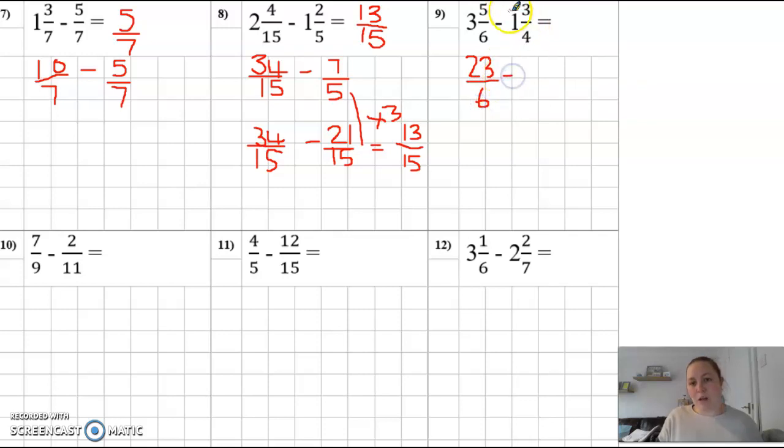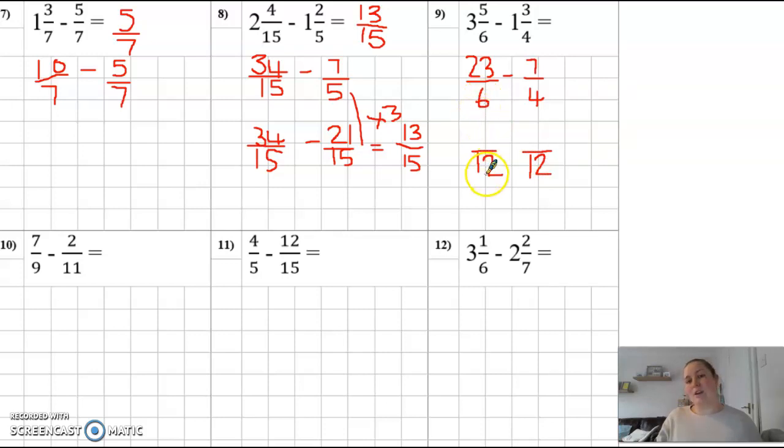Then my second one, I've got 4 in the whole and 3 extra, 7 over 4. Now I've got to find a common denominator. I can't use 6 or 4, but I'm going to do my 4 times table and my 6 times table, and the number that's going to come up first is 12. So I'm going to use 12 as my common denominator. Then I'm going to convert each one.